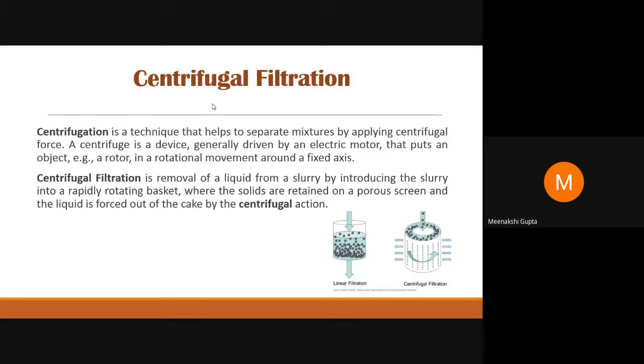That means in centrifugation, filter media is not there, but in centrifugal filtration we use a filter media. The filter media helps in retaining the solid which we want to remove, and the filtrate is separated on the other side.